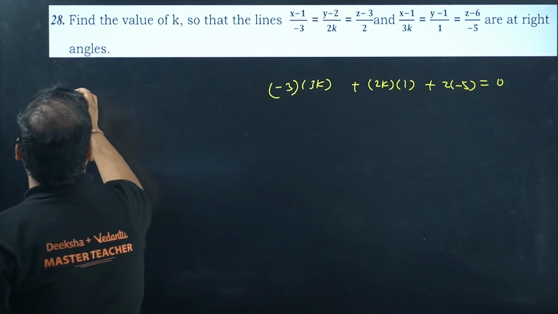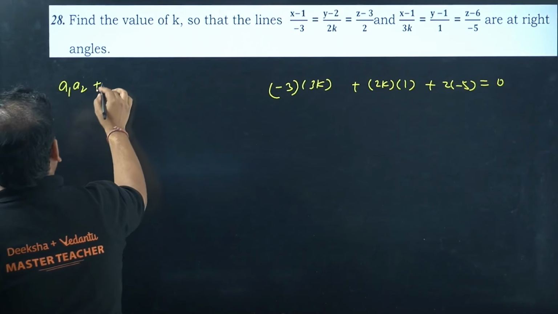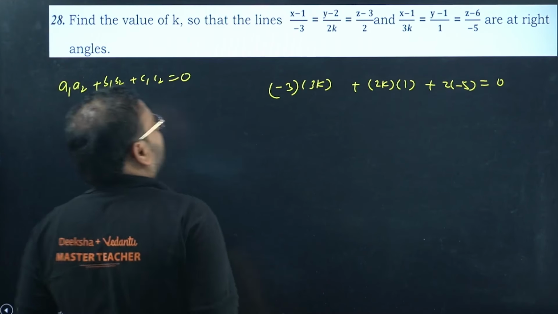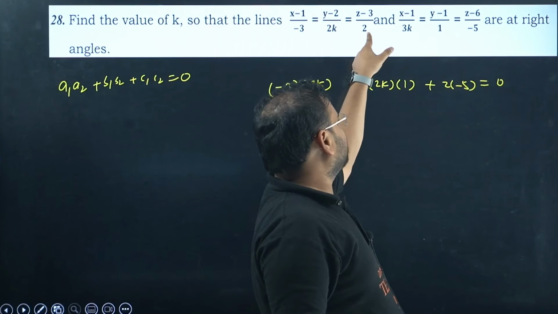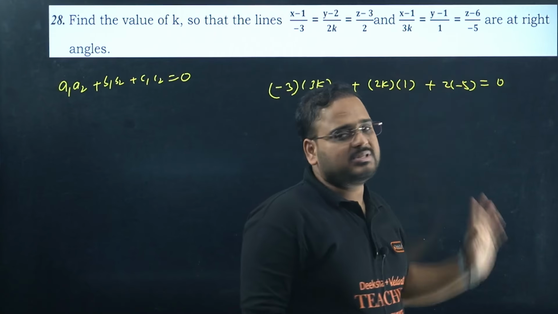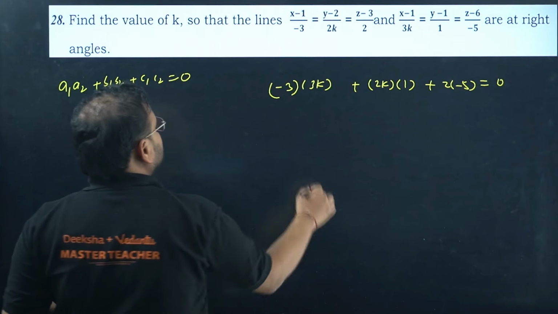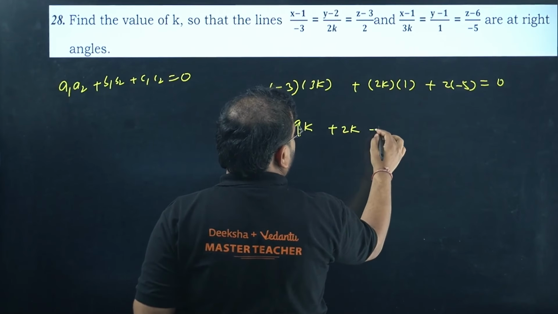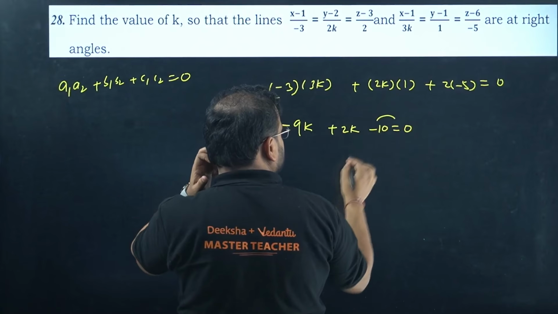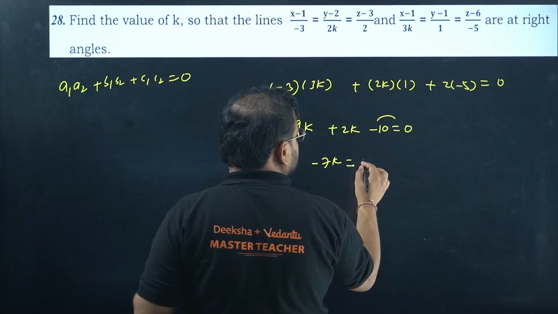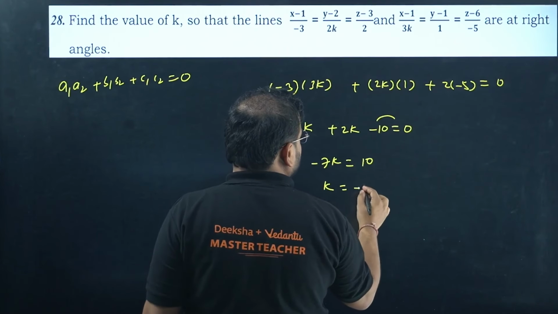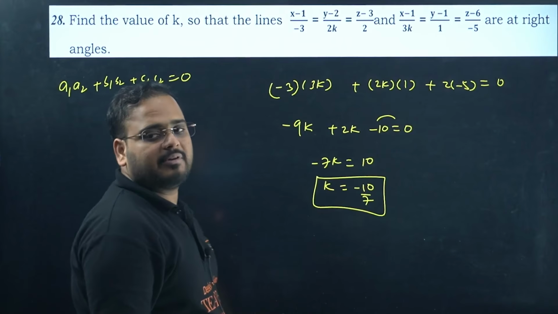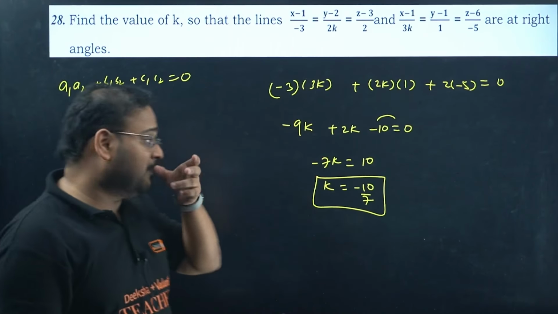Because for perpendicular lines the formula is a1 a2 plus b1 b2 plus c1 c2 should be equal to 0. Your a1 is this, b1 is here, c1 is here, a2 b2 c2 is here. So I get here minus 9k plus 2k and minus 10. Bring on this side. Minus 7k is plus 10, k is minus 10 by 7. Now do let me know the value of this, whether it is correct or not. It's a calculation, numbers, let me know.